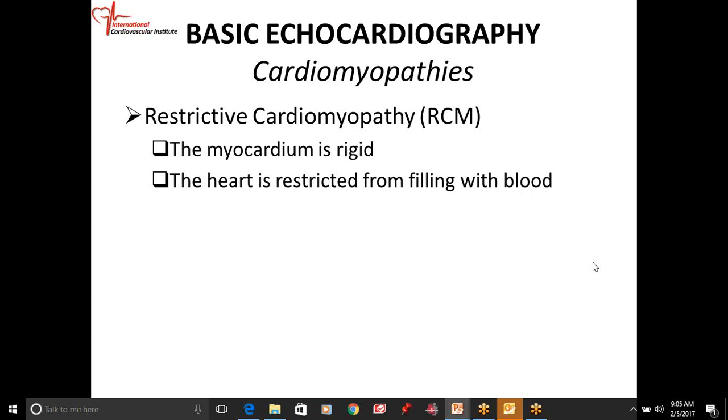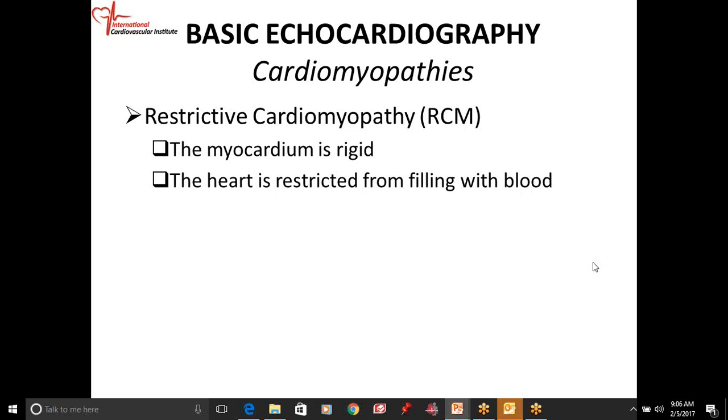So once you know that, you can use your echo and distinguish the two, because those two heart diseases can present clinically the same way. The treatment, however, is completely different. So if you can make the diagnosis, then you'll help the patient tremendously.